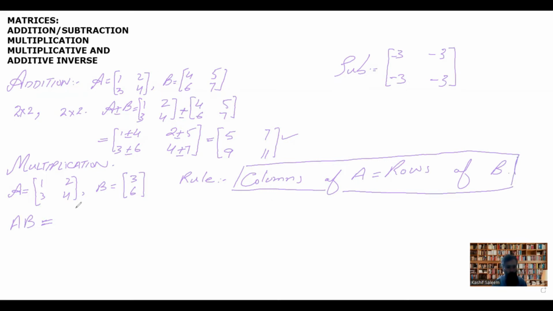So let us look at the order of the matrices. Matrix A is 2 by 2 and matrix B is 2 by 1. So the columns of A are 2 and the rows of B are also 2. So we can multiply these two matrices.